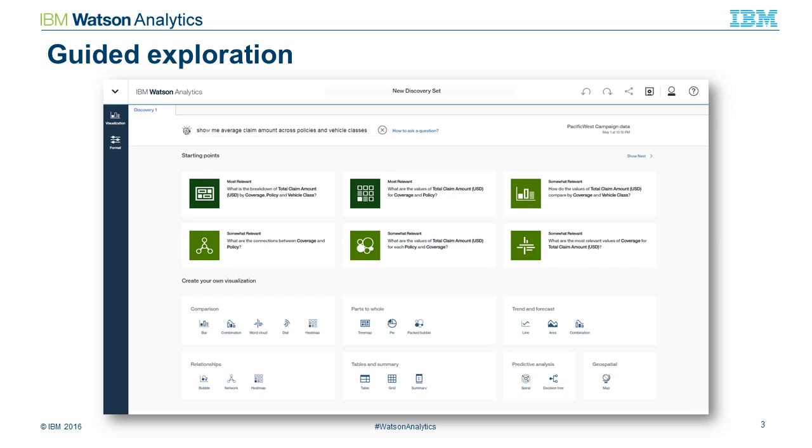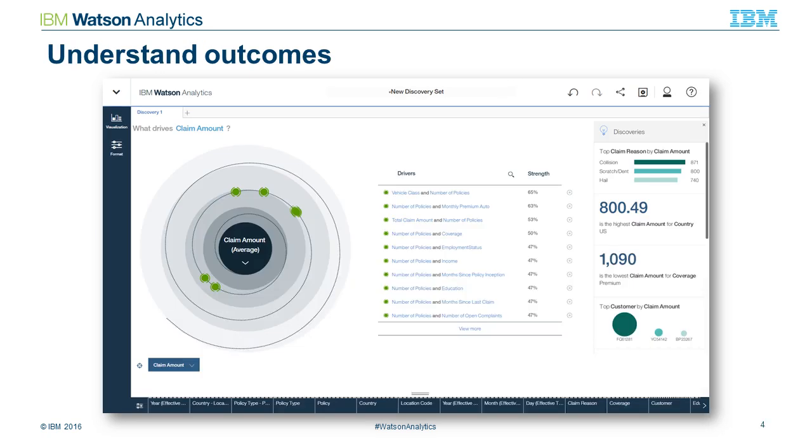Which brings us to the next unique capability within Watson Analytics, and this is really where we're starting to blend the concepts of data discovery and statistics, as Girish talked about earlier, in that within Watson Analytics we are trying to provide users some more of those advanced statistics or predictive analytic capabilities.